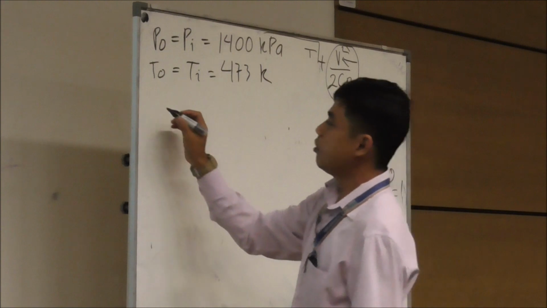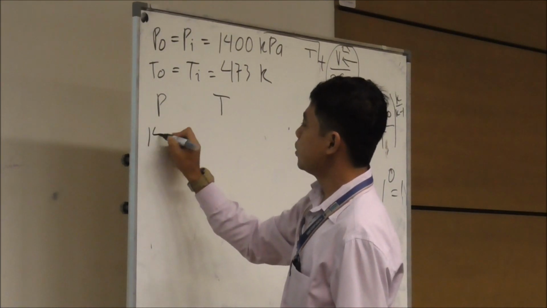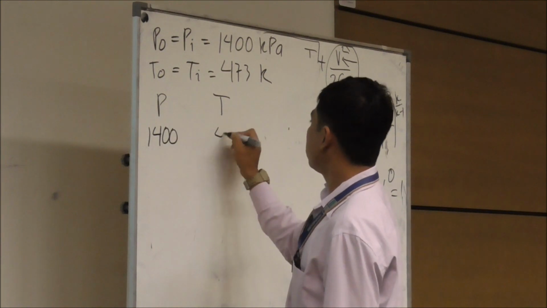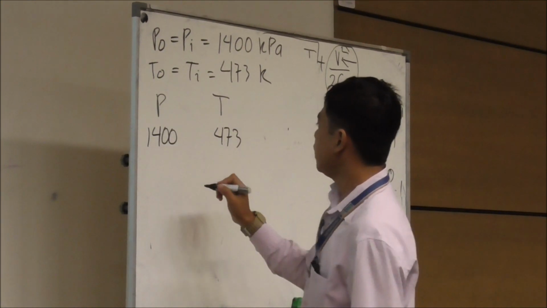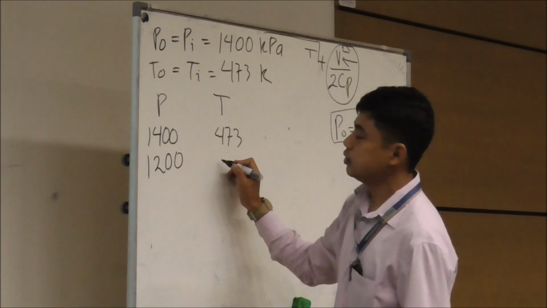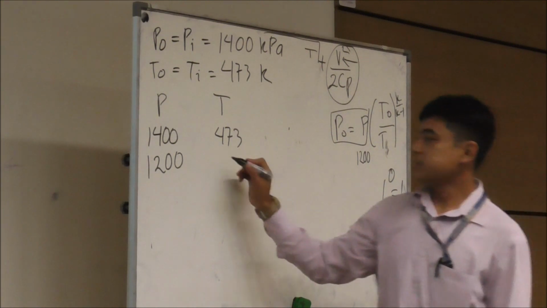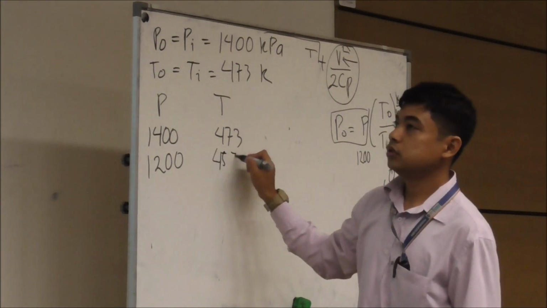So what I will do is I will just put P equal to T: 1400, 473. If it is now 1200, you get 457.